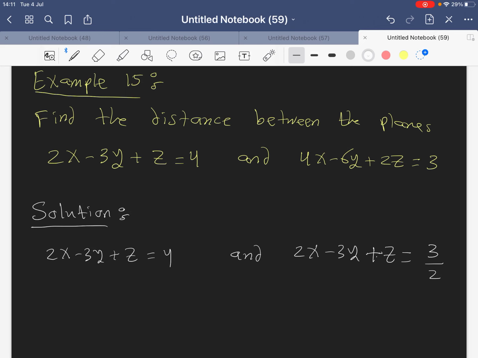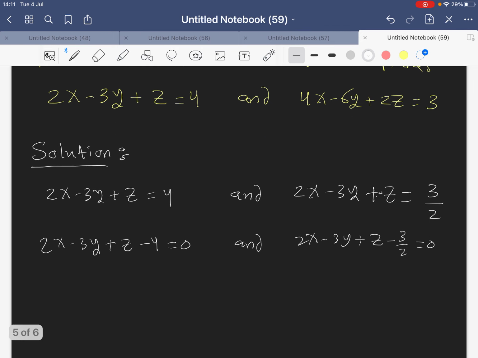That's what we have here. Okay, next step is we bring everything back to the linear form. So it will be minus 4 equal to 0. And this one has the same ABC, except that d1 is not equal to d2.